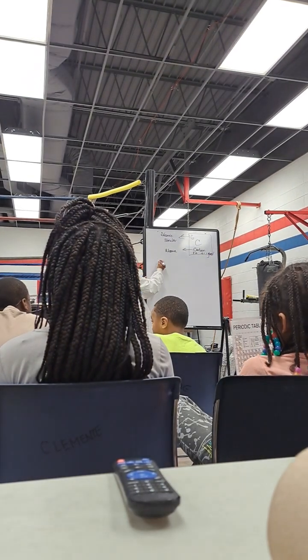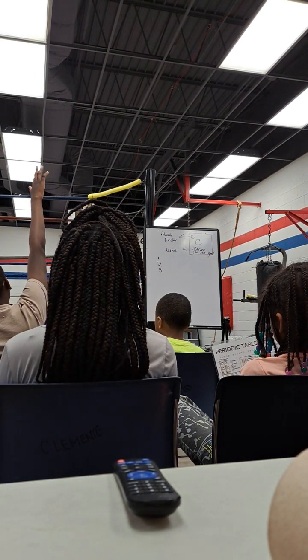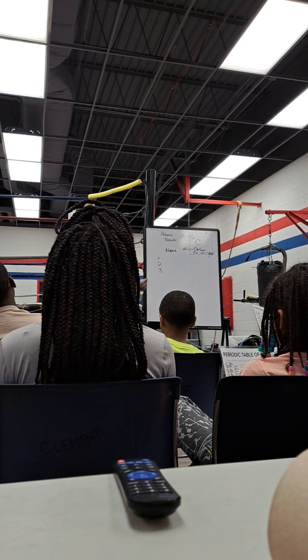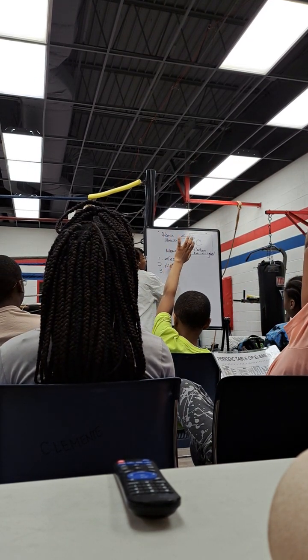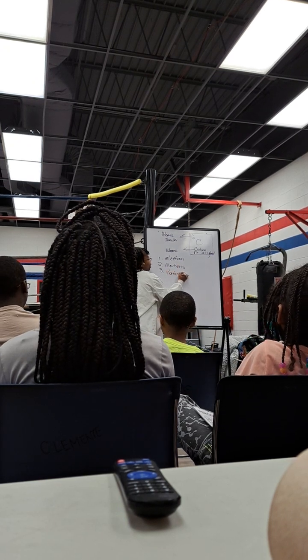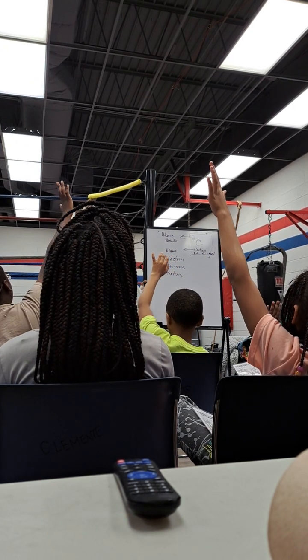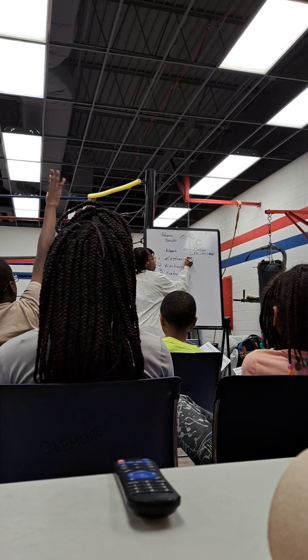Now there are three components of an atom. What's one of them? Electrons. Electrons is one. What's another? Neutrons. Chrissy, what do you think? Protons. Good. What's the charge for electrons? Negative. Y'all gonna be proud today.